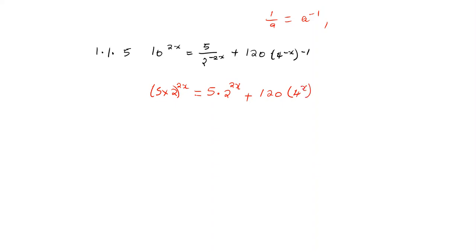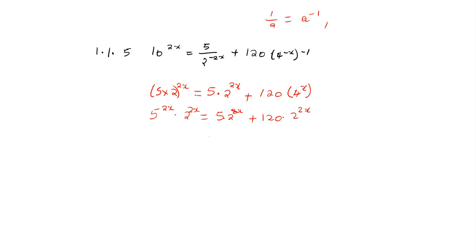Then when we are done with this, each base here must be allocated an exponent. So we'll have 5 exponent 2x multiplied by 2 exponent 2x equal to 5 multiplied by 2 exponent 2x plus 120 multiplied by 2 exponent 2x.